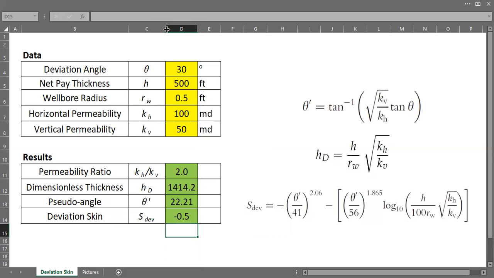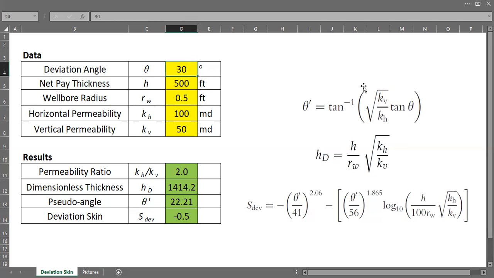So with this case, with deviation angle of 30 degrees, net pay thickness of 500 feet, wellbore radius, horizontal permeability, and vertical permeability of these numbers, I can simulate my well with deviation skin of minus 0.5. Okay, so what if we have higher angle?